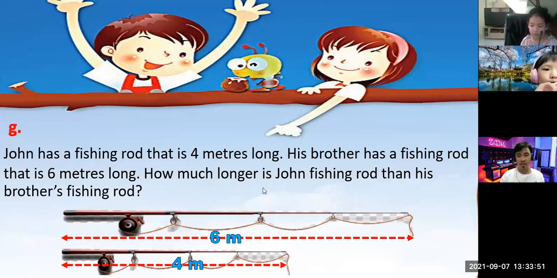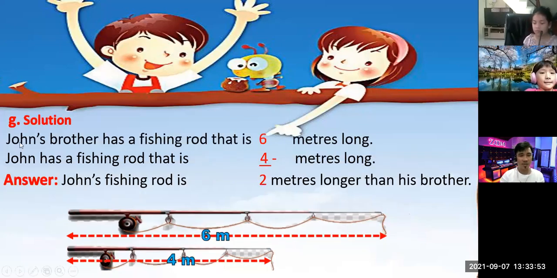So to answer this one, we need to write the length of the fishing rod that John has. John's brother has a fishing rod that is 6 meters long, and John has a fishing rod that is 4 meters long. The question here is opposite from the numbers that they give to us.